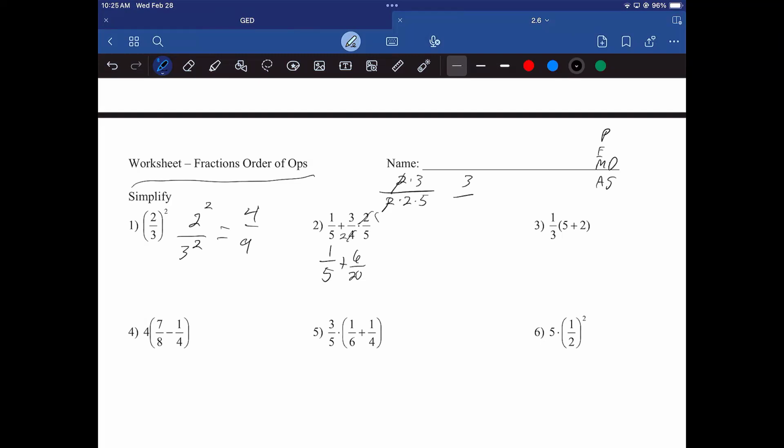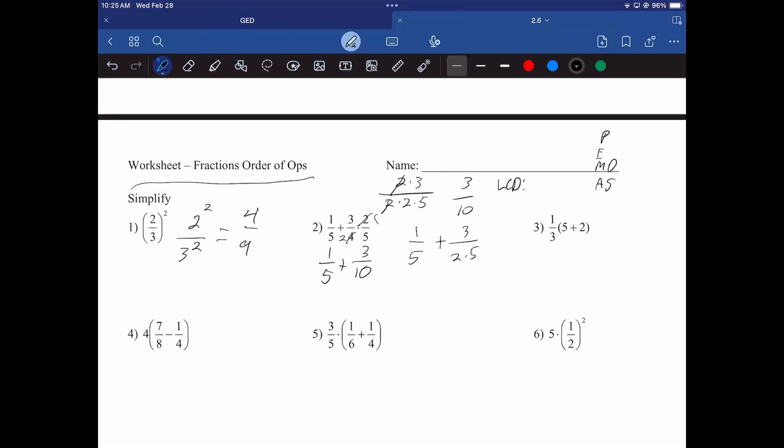Times 5 is 10. Two times 5. On the right, because it's got more. 5 and 5's already covered.